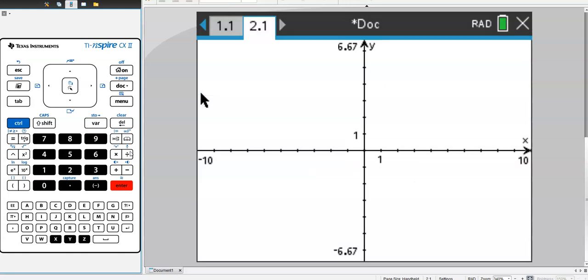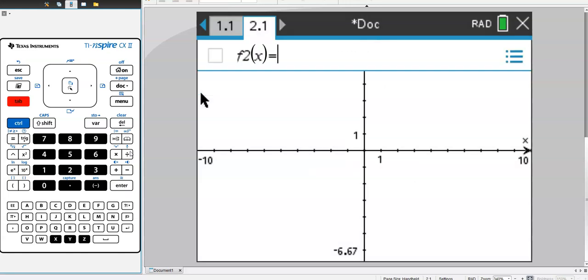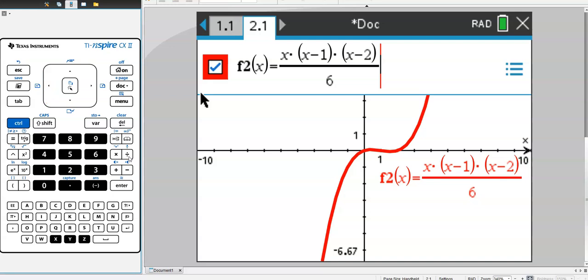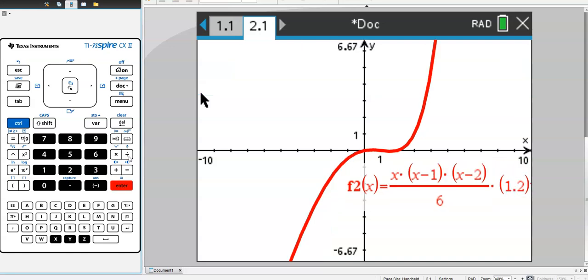Oh, and that means I did something wrong, doesn't it? I typed in n when I should have been typing in x the whole way through. Oh dear, I have to do that again. x times x minus 1 times x minus 2 divided by 6 times 1.2 to the power of x minus 3.